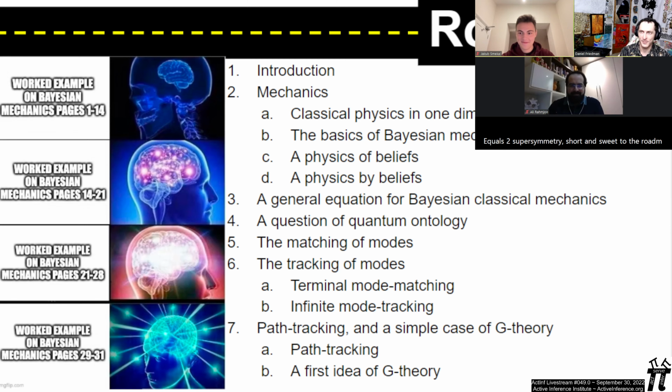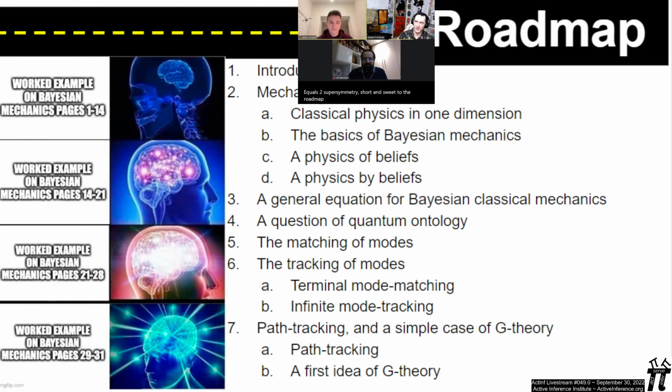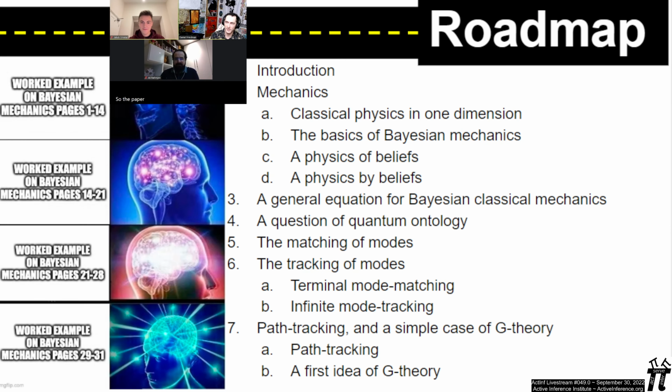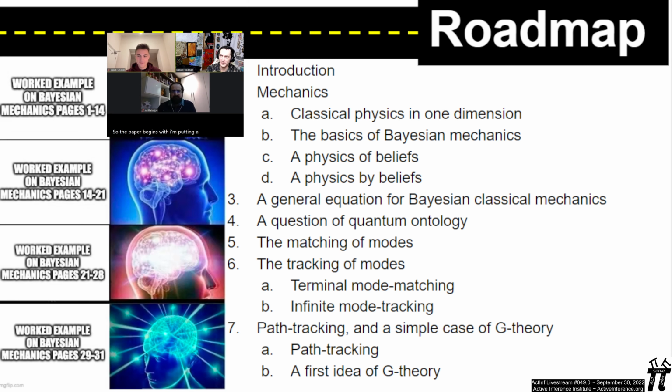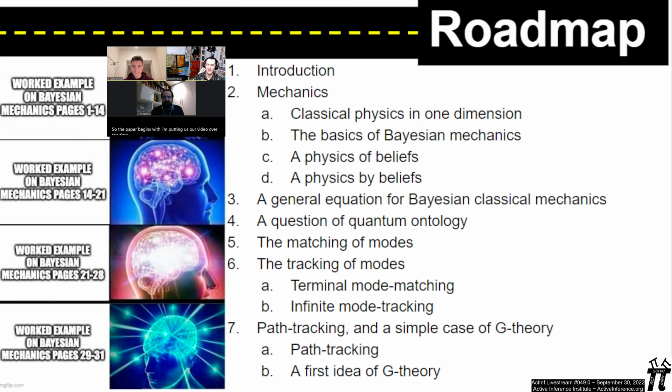To the roadmap. All right, so the paper begins with an introduction and then dives into the concept of mechanics, which we'll be talking more about.